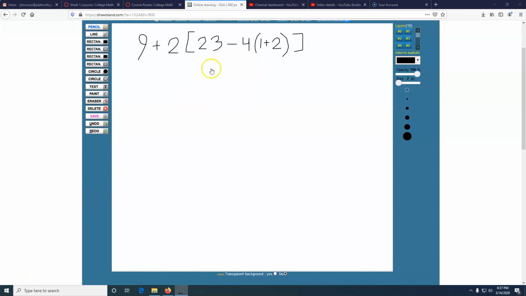Okay, so again, parentheses first. We go inside the brackets, we have another set of parentheses. So we have to do this set of parentheses. 1 plus 2 is 3. Everything else drops down exactly where it was before. So we're done with this set of parentheses.